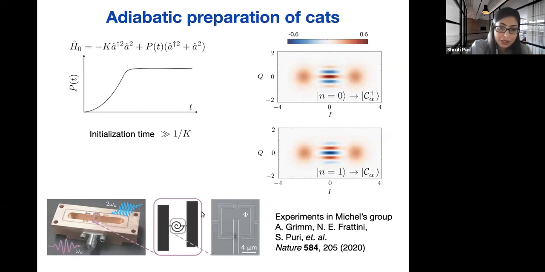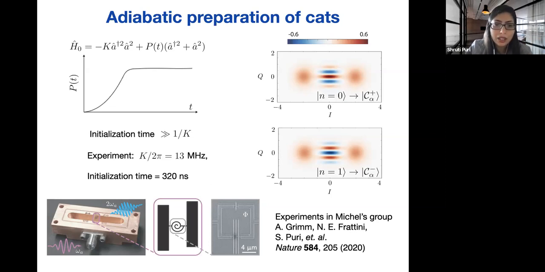And this is the SNAIL device in a copper cavity, and this is where the cat actually lives. The nonlinearity in the circuit was about 13 megahertz, and they were able to prepare the cat states in about 320 nanoseconds. The decoherence time was about 15 microseconds, so the initialization time is much faster than the decoherence time, so we're all good.